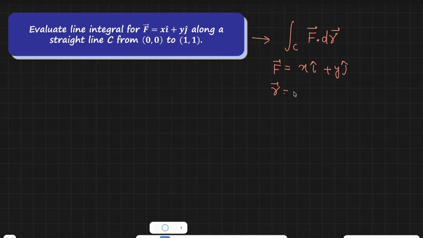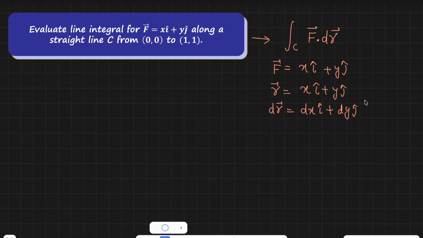So r vector is nothing but x i cap plus y j cap. For now I am taking 2D only, I am not going to the k cap. What is dr? Dr is basically the total derivative, which is nothing but dx i cap plus dy j cap.